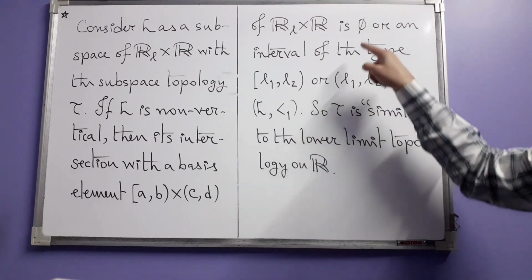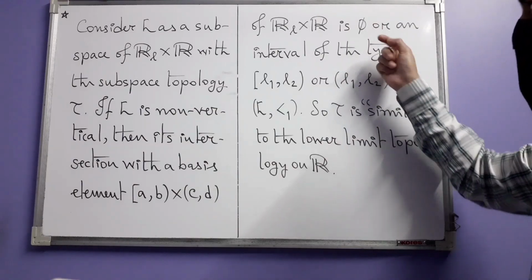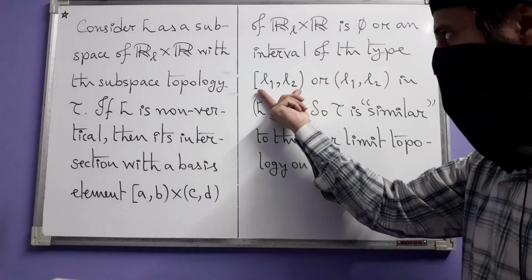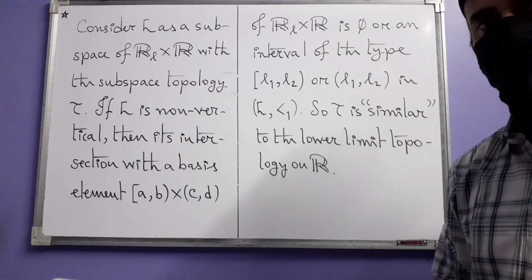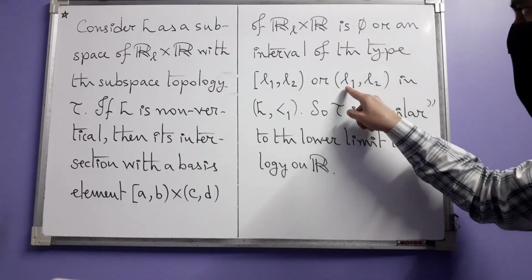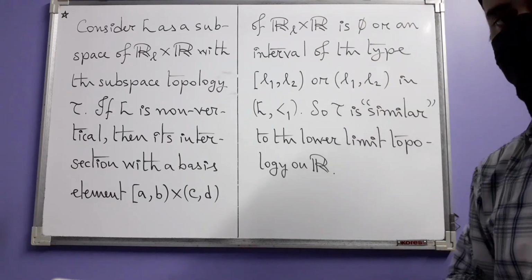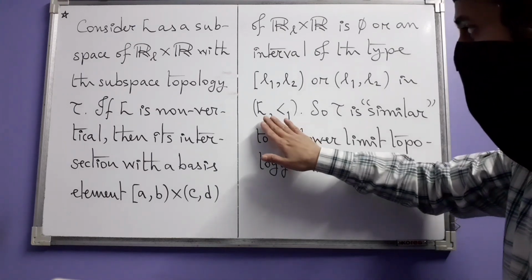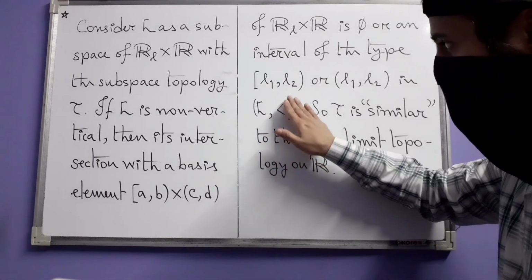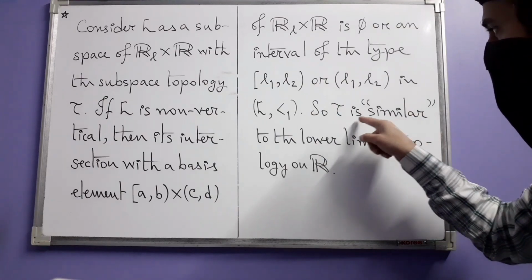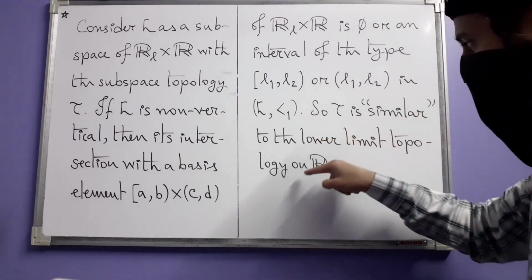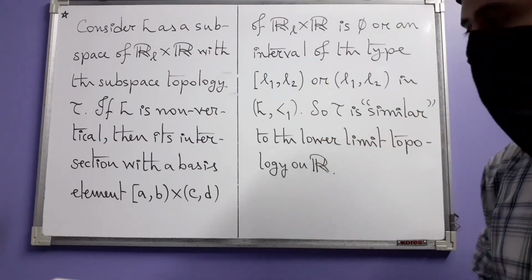That intersection is either empty or an interval of this type, closed L1 comma open L2, or an interval of this type, open L1 comma open L2, where in this ordered set L, that is less than. And that is why tau is similar to the lower limit topology on R.